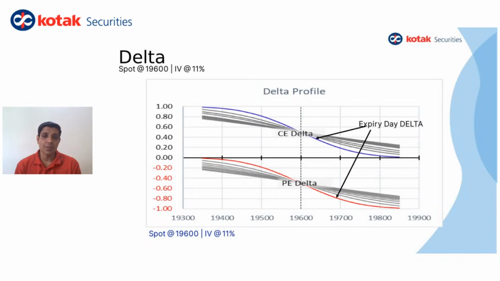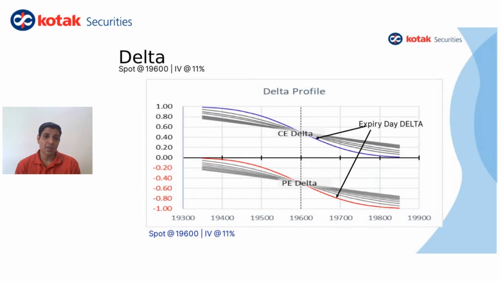However, what you have to keep in mind is that during expiry day, if the VIX is very low and there's less volatility and no movement in the market, that means the probability of it settling at 19,600 is higher. And someone who's bought, let's say, the 19,700 call or the 19,800 call, the chances are that the option will end at 0.